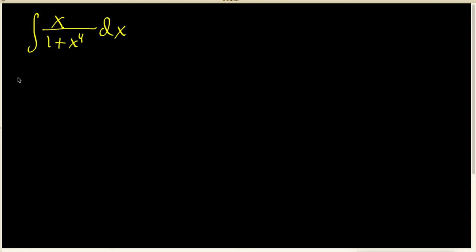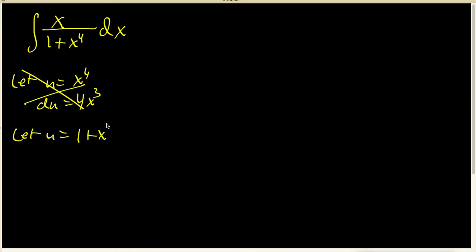Now the temptation here is to be thinking about letting u be something like x to the 4th, and then du would be 4 times x cubed, and I don't have an x cubed in this integral, so that's not going to work. Likewise, if I let u be the whole denominator, du is still going to be 4x cubed, and I don't have an x cubed, so that's not going to work.